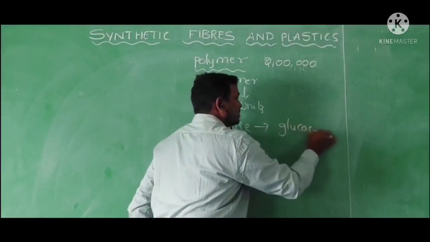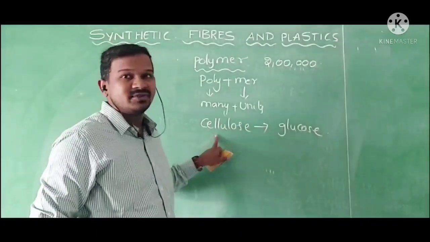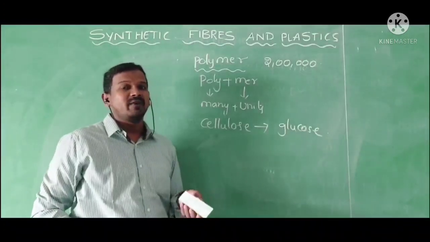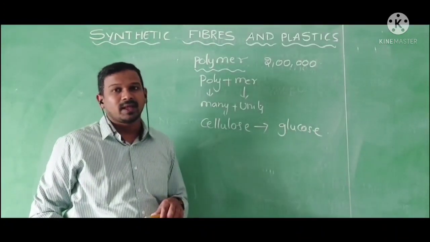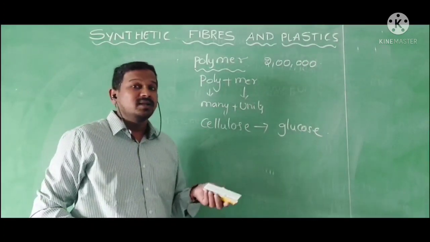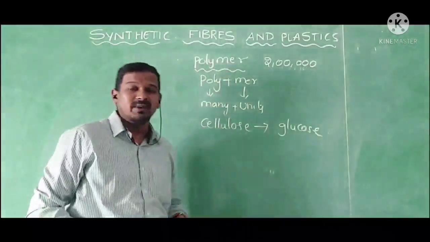Glucose is the monomer of the polymer of cellulose. Now, synthetic fibers are made from petrochemicals, like petrochemical synthetic polymers, and these are the products of petroleum. Now, this is about the polymers.